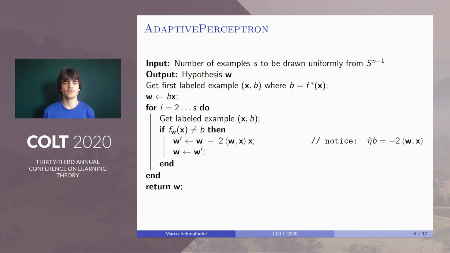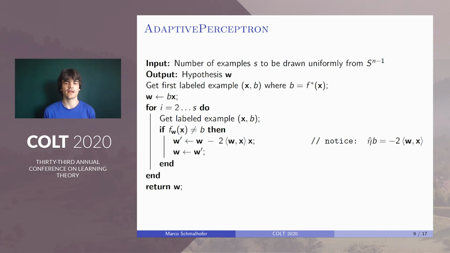So we have W prime is W minus 2 times the scalar product of W and X times X.